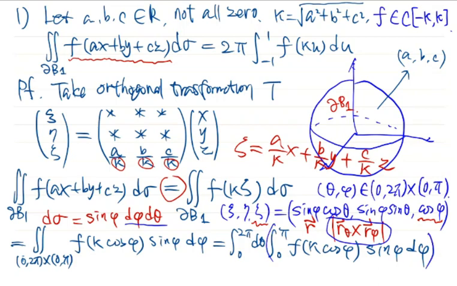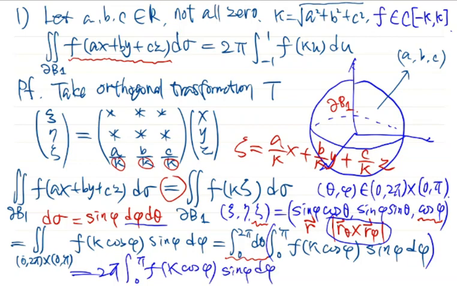Therefore, the outer integral for d theta from 0 to 2 pi simply gives 2 pi. So we have this equal to 2 pi times the integral from 0 to pi of f(kappa cosine phi) sine phi d phi, and this sine phi d phi is exactly minus d cosine phi.